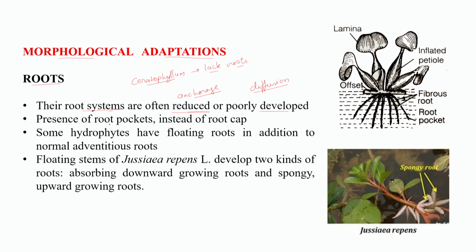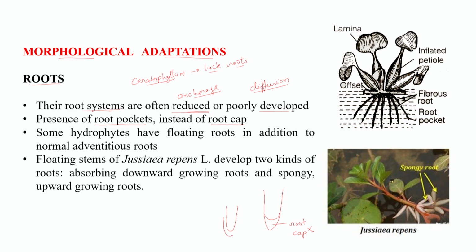Now this is important: the presence of root pockets instead of root cap. We all have learned about the presence of root cap in the root, which was protecting the root tip, the growing apex of the root. In this case, root cap is absent and root pockets are there.